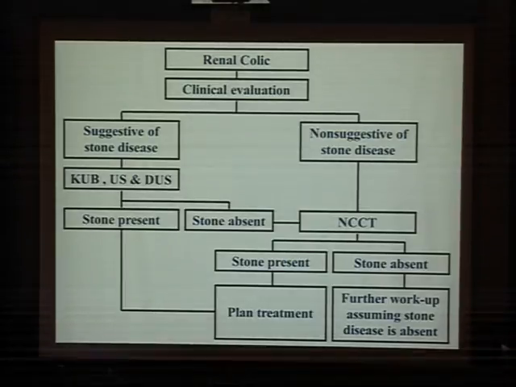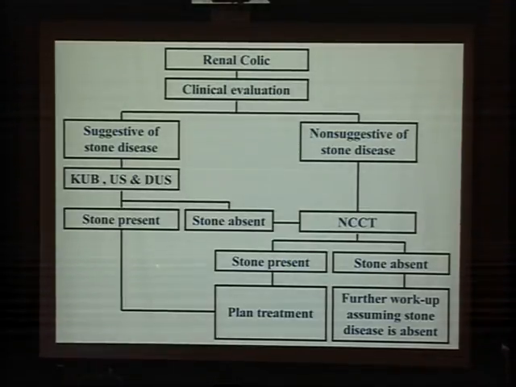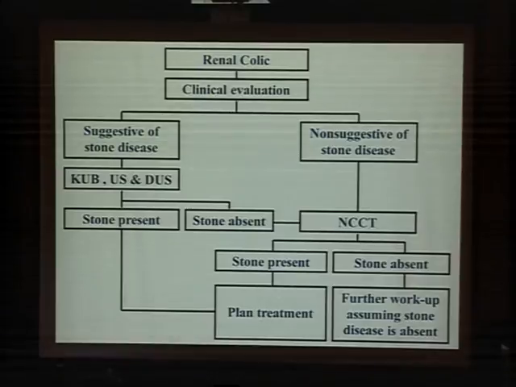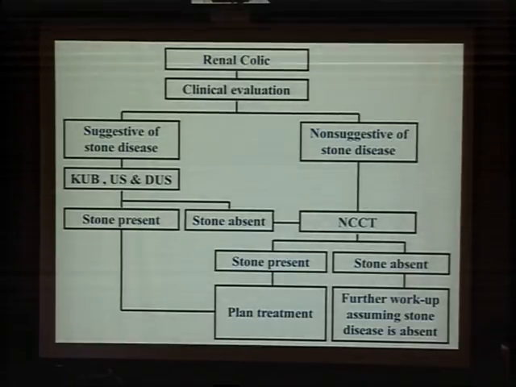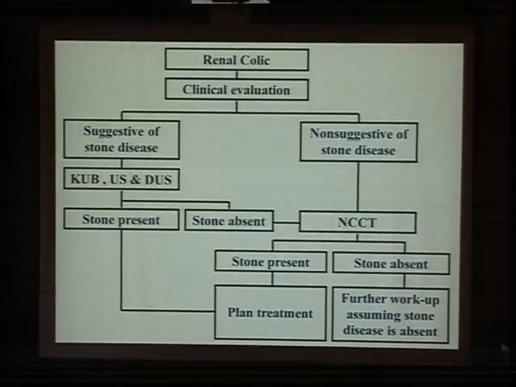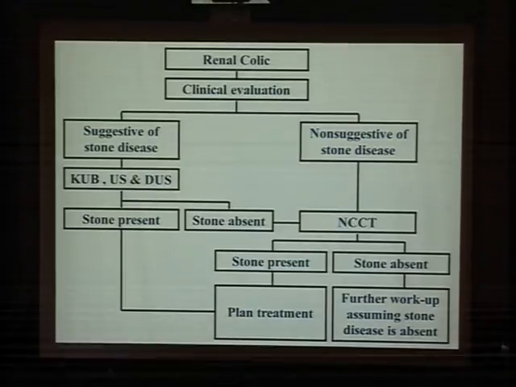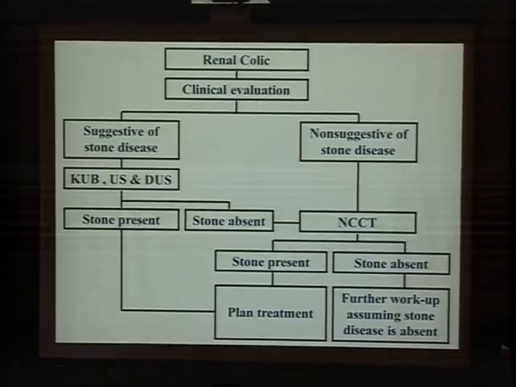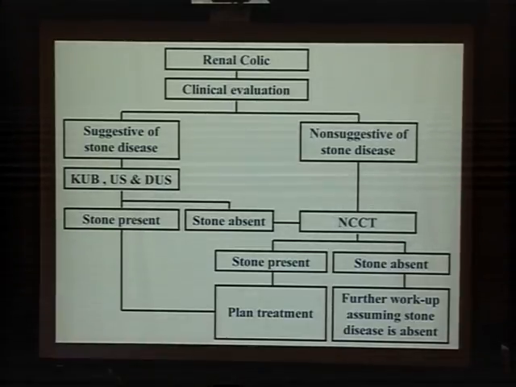If the stone is present, you plan treatment. If the stone is absent, you do non-contrast CT. If the stone is present, you plan treatment. If the stone is absent, you do further workup, assuming stone disease is absent. So in this algorithm, we combined all the diagnostic tools in one slide.